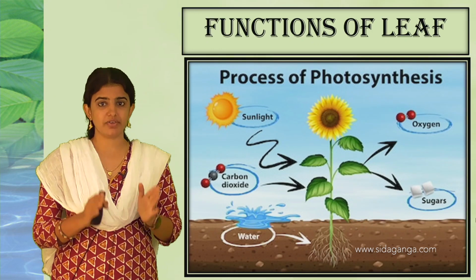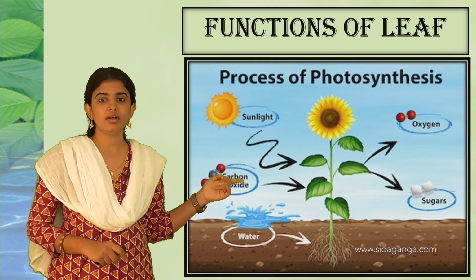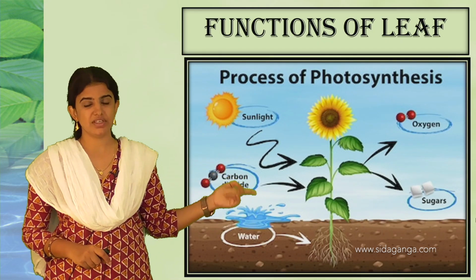Where the green color part appears, photosynthesis takes place, and this is the first function of the leaf.